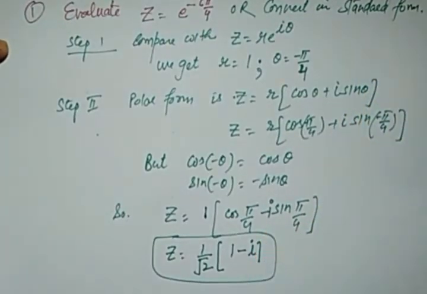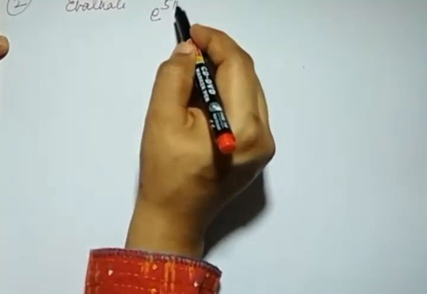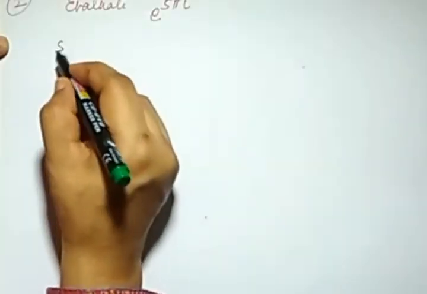Let us now try to solve one more question. Another question, that is second question, evaluate e raised to power 5 pi I. Okay, so again go step by step.